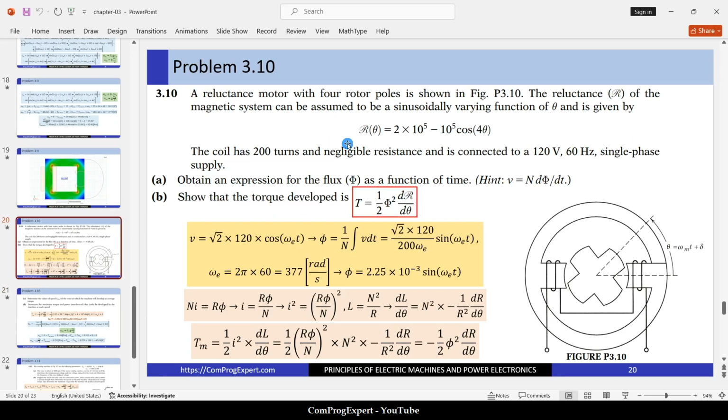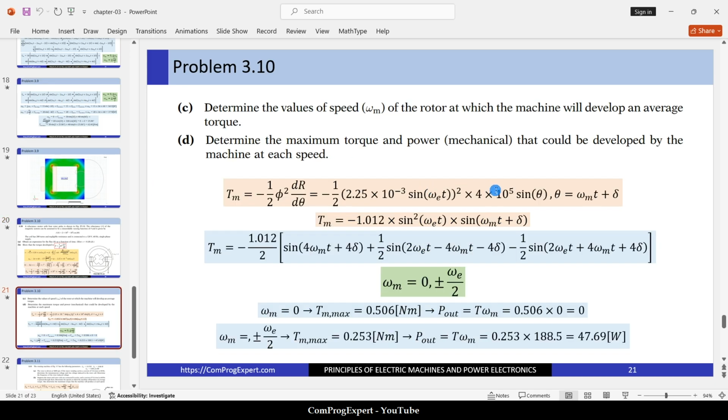We have the reluctance here; the derivative of the constant term is 0. Again, theta, the angular position of the rotor, is omega m t plus delta. If you replace this instead of theta, we have this equation.